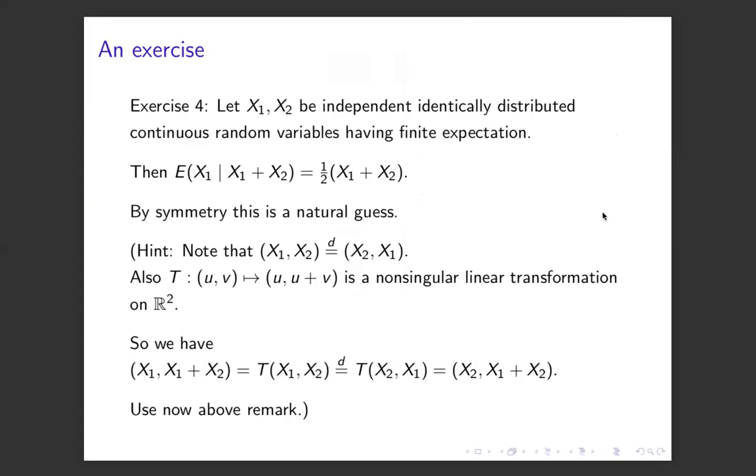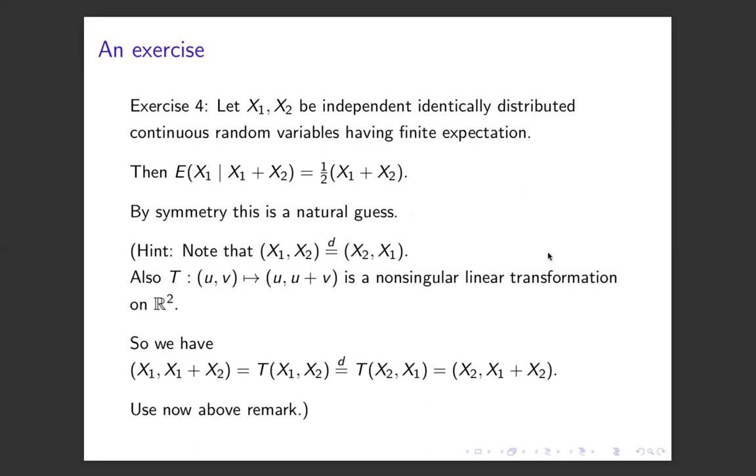Okay, so we will continue with what we wanted to do. This is where we had stopped, I think, this exercise. In this exercise, you also need to know how to use a non-singular linear transformation to find the joint PDF from the domain to the range.